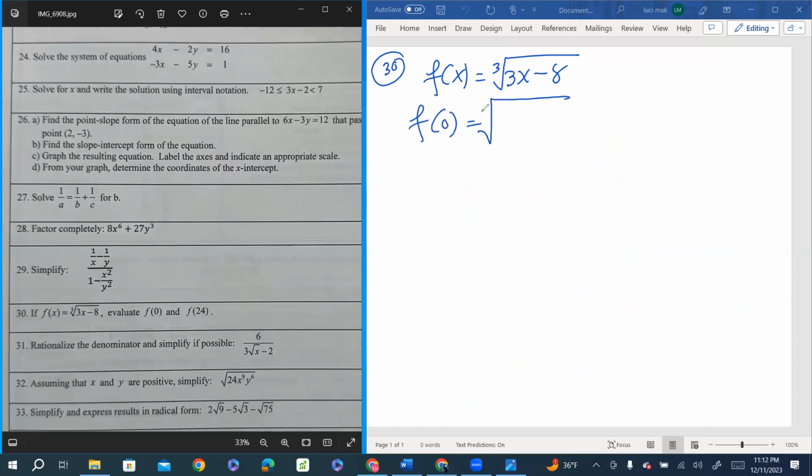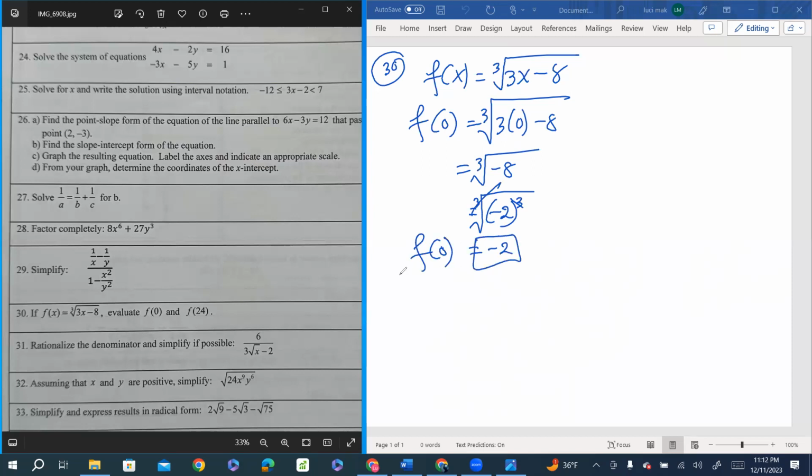So that's the cube root of 3 times 0 minus 8, right? 3 times 0 is 0, so the cube root of negative 8. We know negative 8 is negative 2 to the third power, so the cube root and the cube cancel out, so the answer is negative 2. So f of 0 here is negative 2.